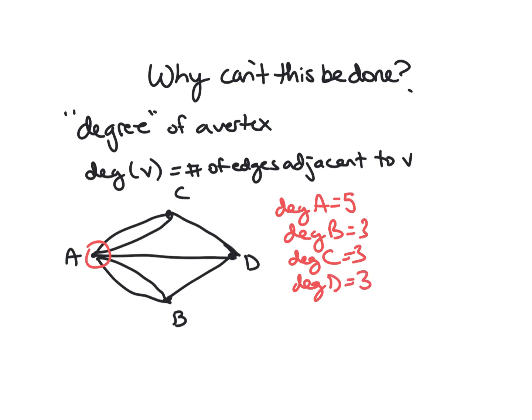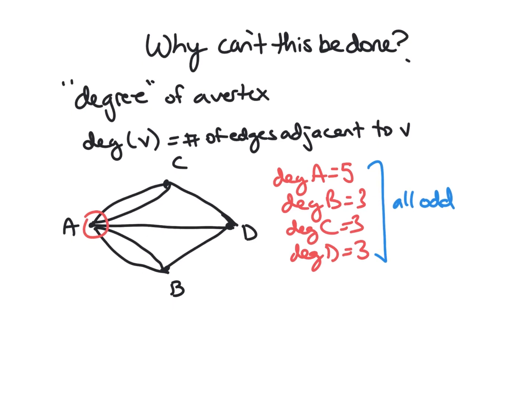What's important about all of these numbers in this case is that they are all odd. So why does oddness matter? Think of it this way. Suppose we actually found a path that went from A to D in the end. Then every edge that went into B or C had to also have another edge leaving B or C, right?